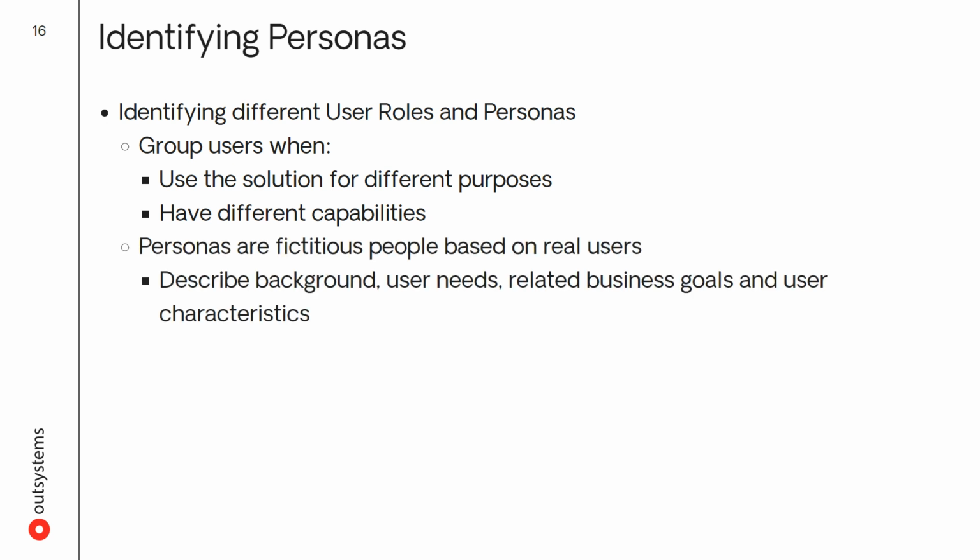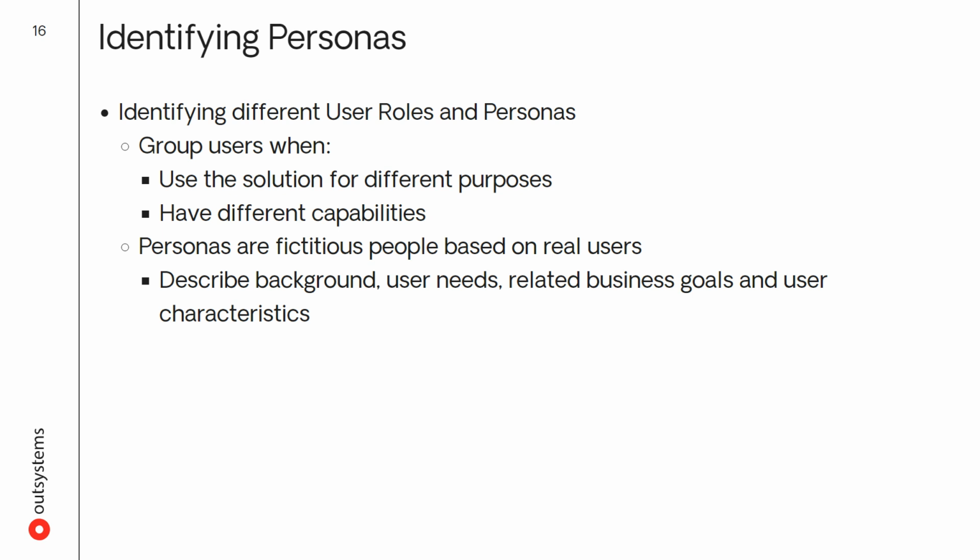Then, we can identify the personas. These represent fictitious people who are based on your knowledge of real users. The goal is to bring users to life by developing personas with their own names, usually illustrative of their main role, personalities, motivations, and often even a photo.